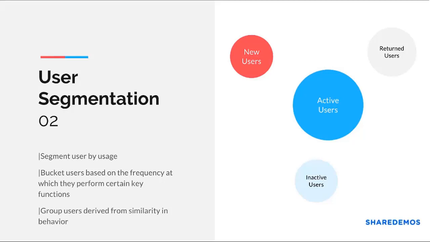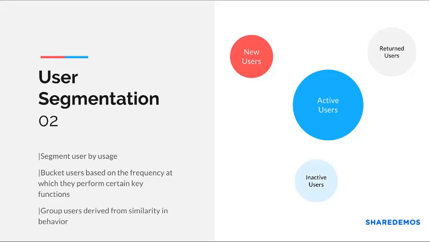The majority of the users are segmented into these 4 types: new users, active users who are important to any product, inactive users, and returned users. Active users have been using your product consistently for some period of time. New users are using your product for the first time.